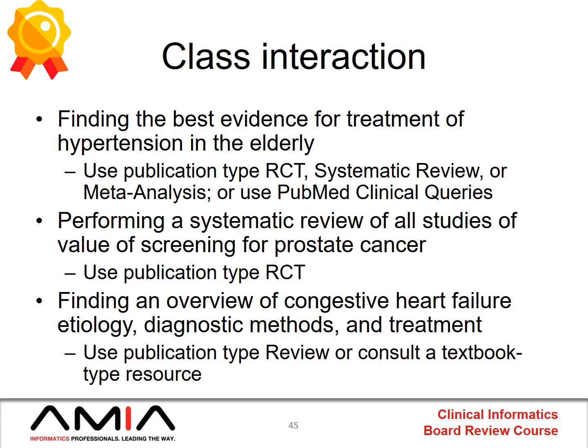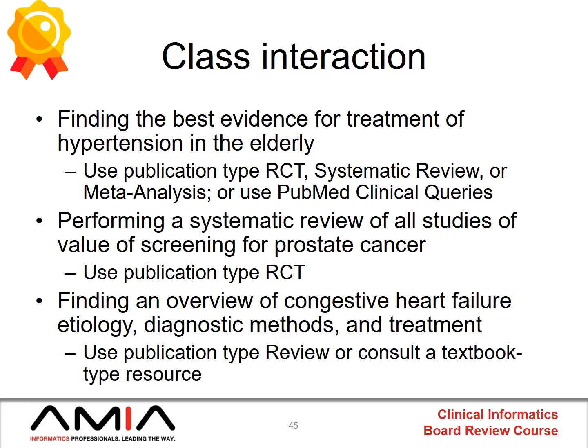Second, performing a systematic review of all studies of value of screening for prostate cancer. So when we assess screening, remember that screening is an intervention, even though it's done using a diagnostic test, but the screening process itself is an intervention because we're trying to reduce the mortality or complications, for example, of prostate cancer. So we use the publication type randomized controlled trial to find all those trials that we will use in a systematic review that we're carrying out.